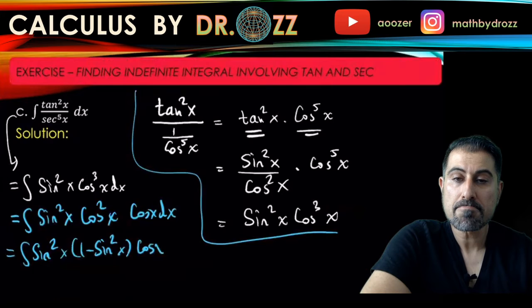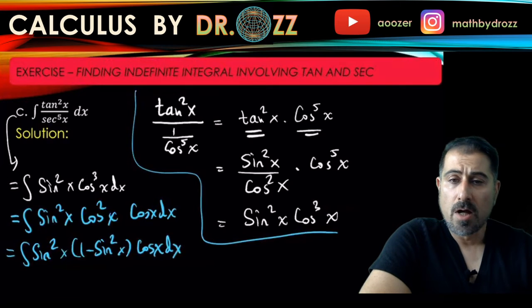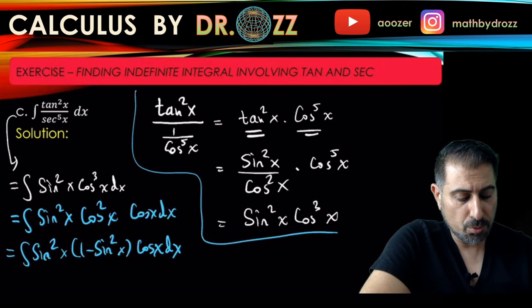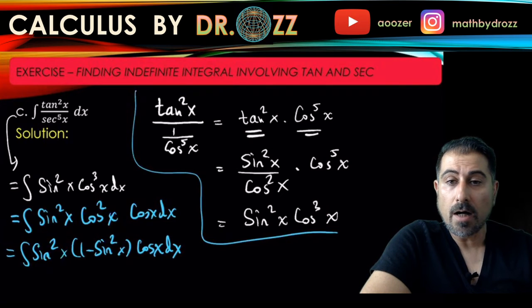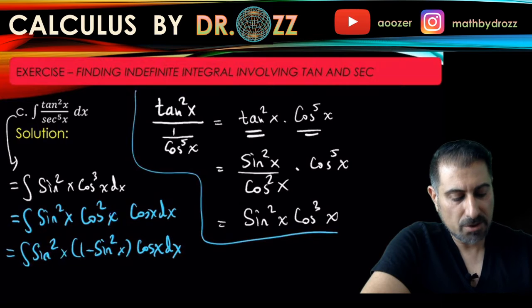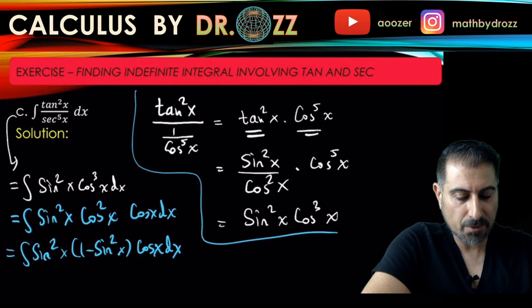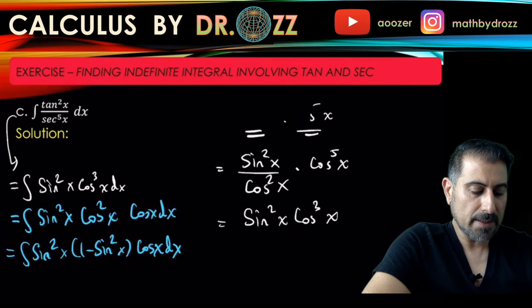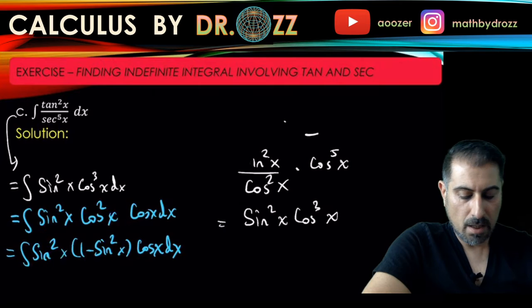Okay, very nice. So now I'm going to apply a u substitution here. I'm going to call u to be sine x. Let me just clean up this first. Okay, let's just clean everything here. I'm going to call, as I said, u to be sine x.